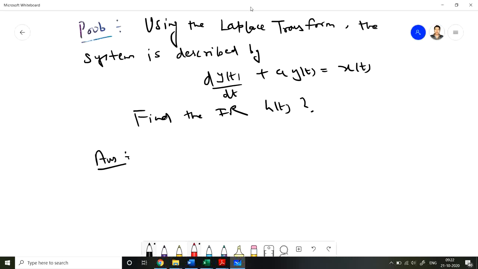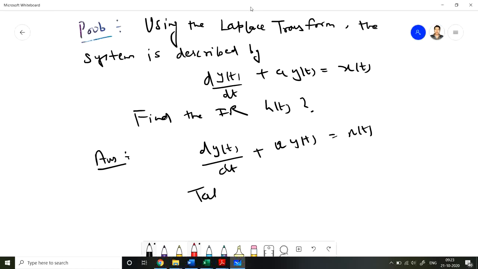So in order to solve this type of problem, we can use the method adopted in the case of a continuous time LTI system, but by using the Laplace transform we can easily find the impulse response. So how to solve this problem? We have dy(t)/dt plus a y(t) equals x(t).